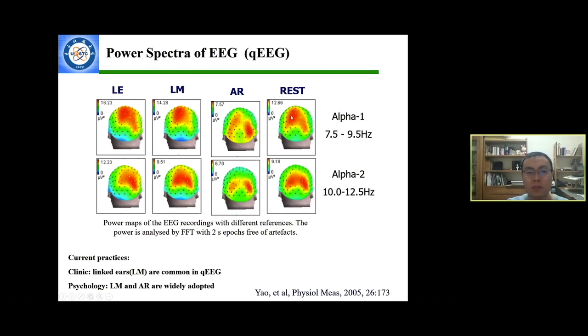We can see that for the different references, the power maps are different. In the alpha 1 band and alpha 2 band, the result of the REST reference is more reasonable. The power is located in the occipital region, very clear at the occipital channels, O1 and O2.